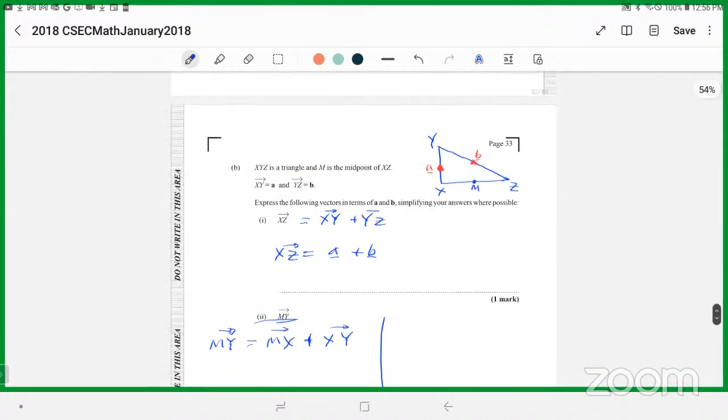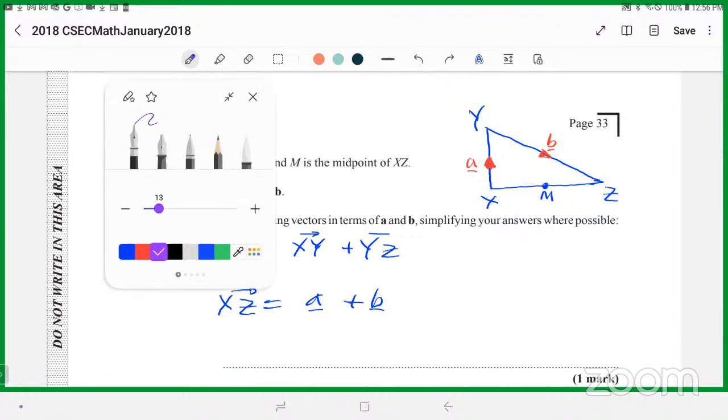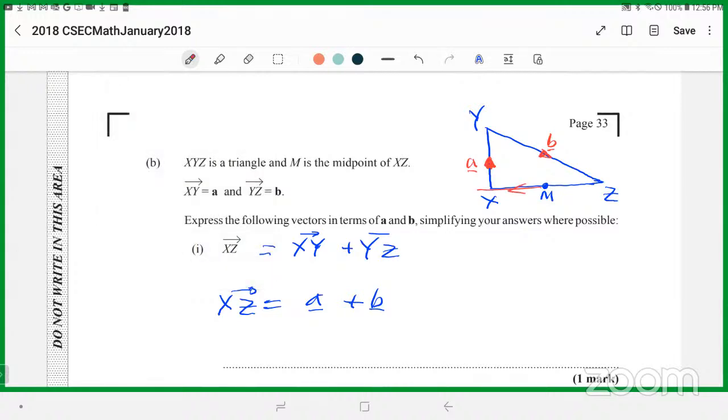Somebody tell me if they see any other way we can go from M to Y. So somebody just told me that I can come back to X first this way and then go up there, which is good. Fine. Is there any other way to go from M to Y?